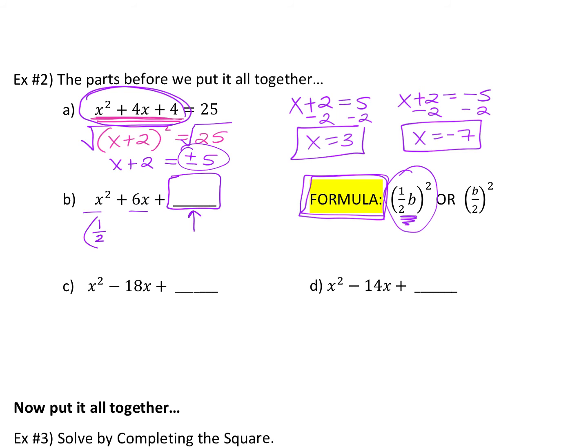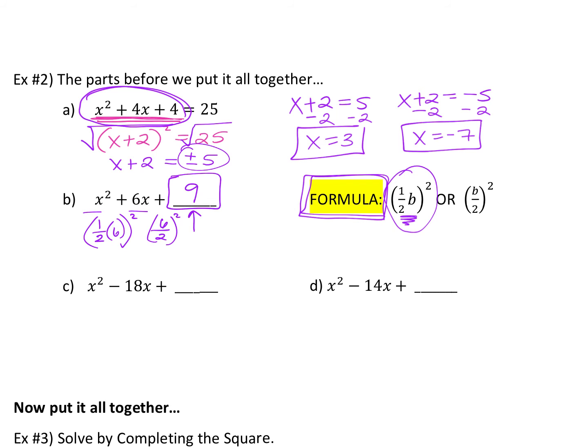What is b? 6, right? 1/2 of 6, and I'm going to square it, or 6 divided by 2 squared, if you like that better. Okay? What do you get when you do that? 9. That is your perfect square. That makes your perfect square trinomial.